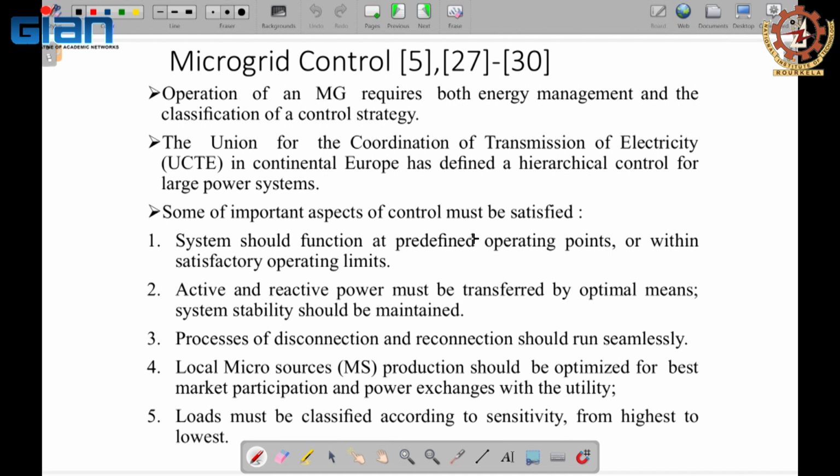Some of the functions should be within satisfactory operation limits, particularly when we are talking about the active power and reactive power. There should be a balance maintained between the active power generation and active power consumption.